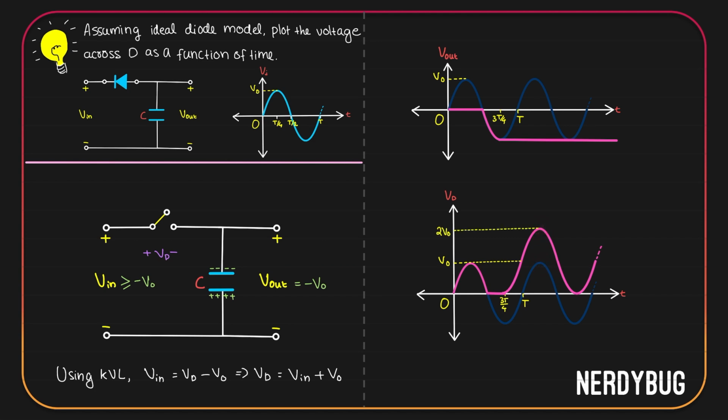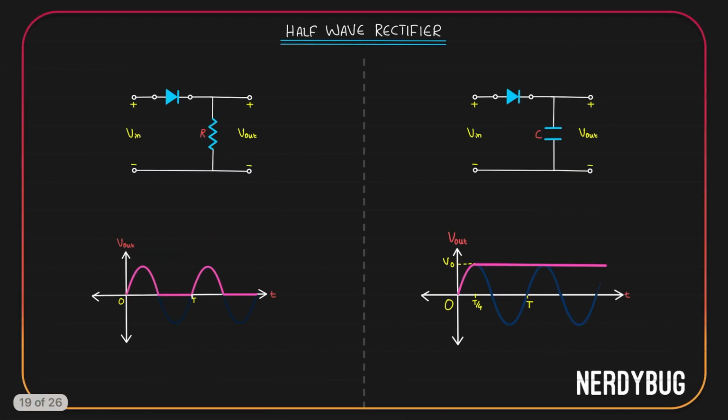So voltage across the diode for the first half cycle of the input is equal to the input. After that, for a quarter of the cycle, it is 0. After that, it is V input plus V naught. So it goes on like this. So when we took the output across a resistor, our output looked like this.